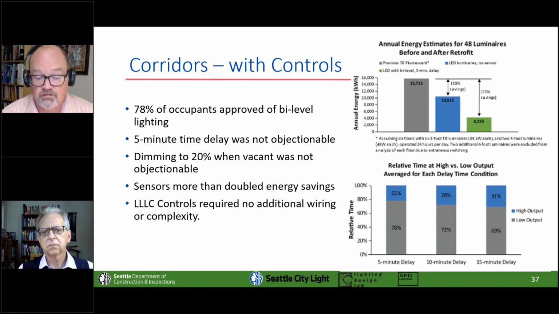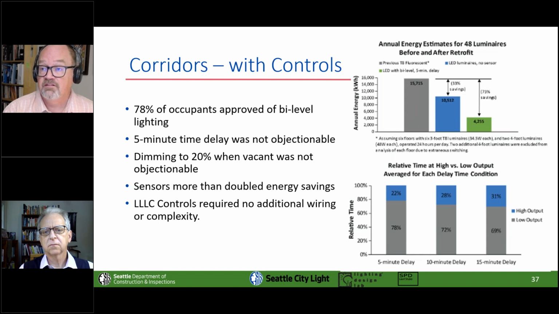One of the key results here was that very frequently we find that people are afraid of having automatic controls in public spaces like corridors because they think that their clients are going to object to them. What they found was that dimming to 20% light output when people weren't in the corridors was not objectionable to most of the people that were there. In fact, they liked it.